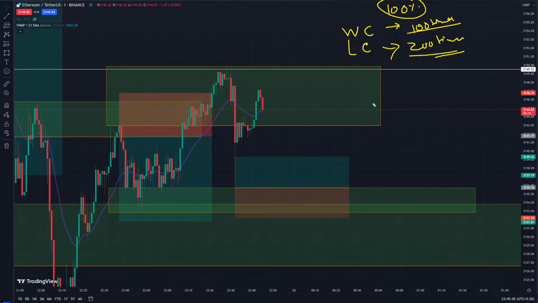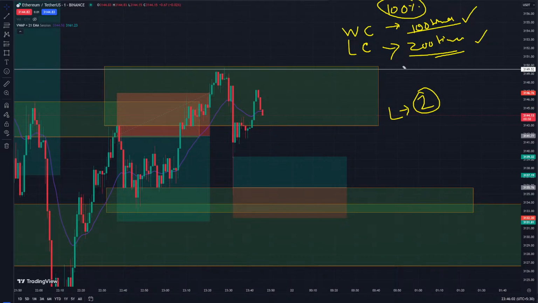Right? If that happens, then what is your accuracy rate? If after 100 wins you lose 200 times, then if I summarize it, you will be winning 1 time and losing 2 times. So your accuracy will be 1 by 3.